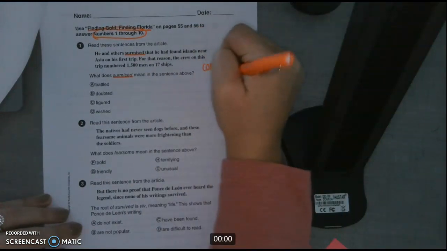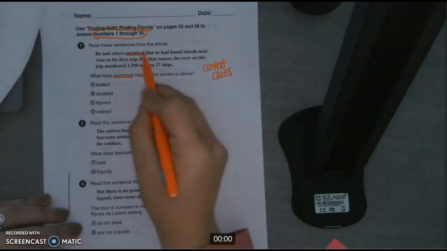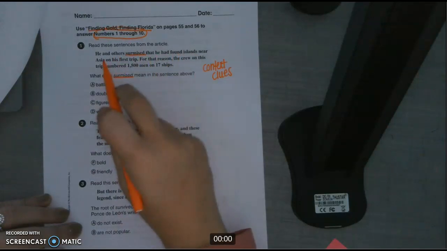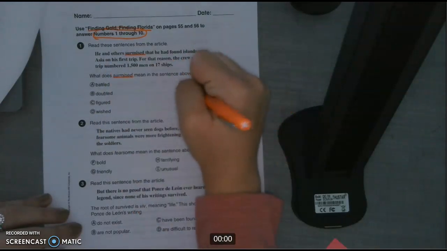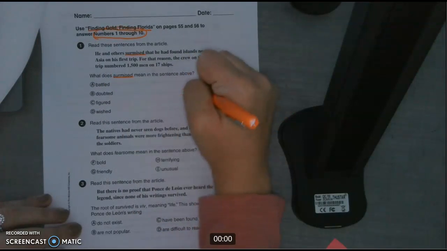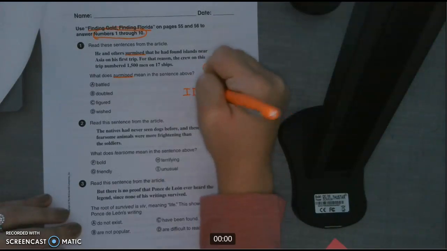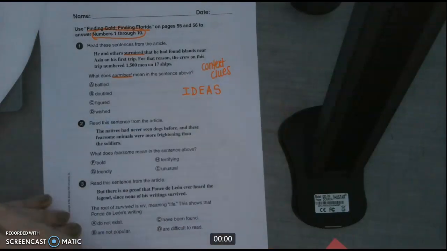I could answer this question right now if I wanted to. He and others surmised that he had found islands near Asia. So what could surmised mean? I know context clues: ideas, inference, definition, example, antonym, and synonym clues.